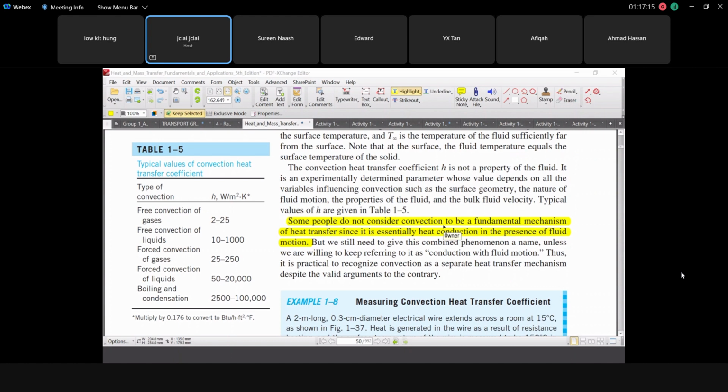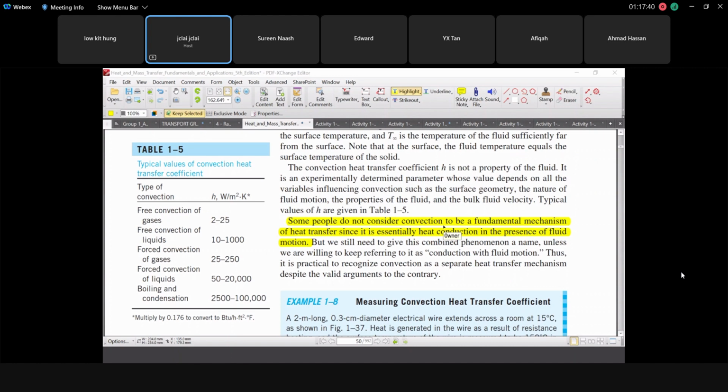But convection is a little confusing because it is actually a mixture of conduction plus fluid motion. We don't want to go into that deep, so when we explain, we still refer to it as convection.